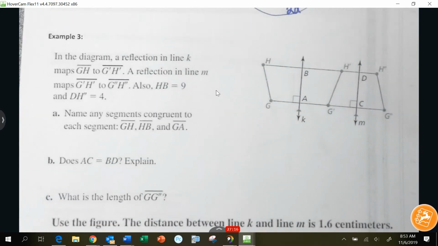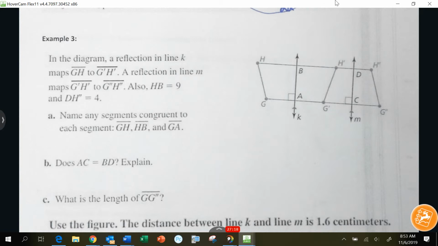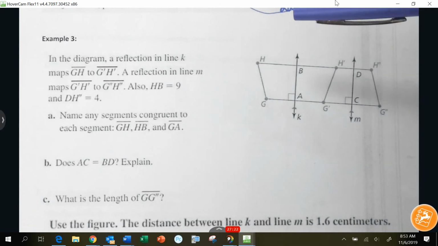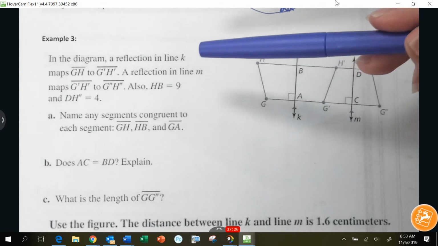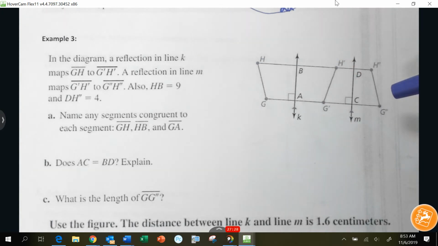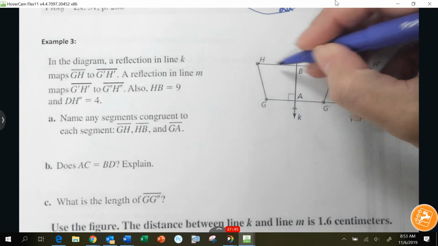Here's our next example. In the diagram, a reflection in line K maps GH to G prime H prime. A reflection in the line M maps G prime H prime to G double prime H double prime. Also, HB is 9 and DH double prime is 4. Let's mark some things. HB is 9. H to B is 9.